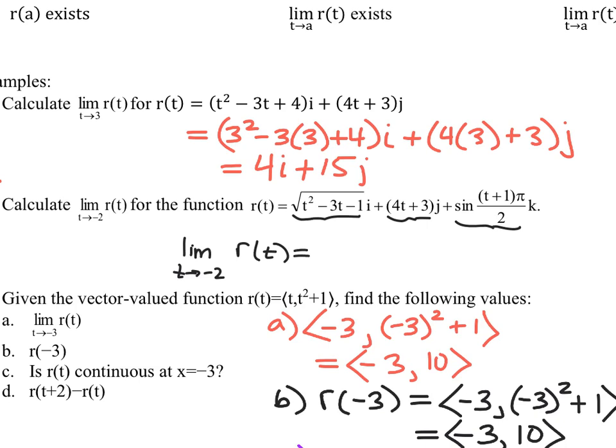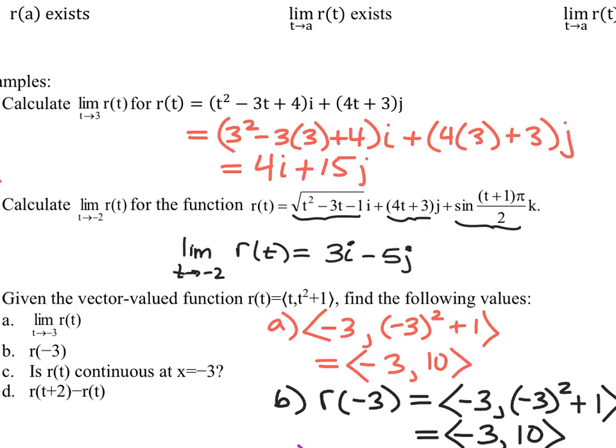would be us just replacing the t's with negative 2's, at least to start. So 4 plus 6 minus the 1 is going to give us a 9 under the radical, so that's going to give us a 3i. Then 4 times negative 2 is negative 8, plus 3 is negative 5, so negative 5j.